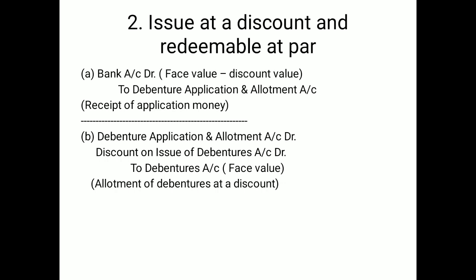So the same entry is to be debited with the name of debentures application and allotment, 95. But debentures always remain equivalent to the face value, so if the debenture value is 100, it will place 100 and the discount is 5. So the entry is 95 debit, 5 debit, and then 100 of debentures is credited. You have to multiply all the figures with the number of debentures.